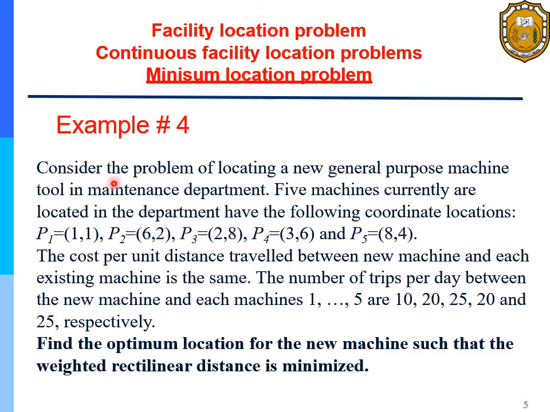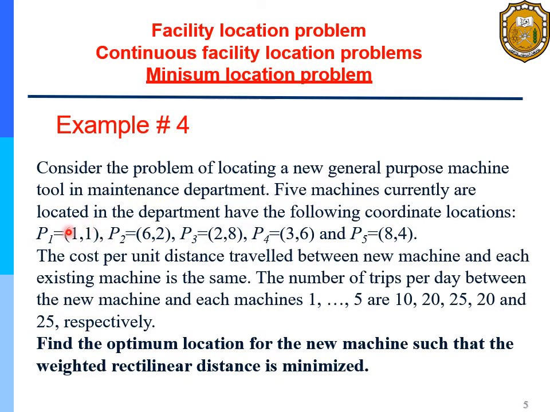So let's consider this problem. Okay, so we will be solving this problem in the continuous space. It says that we are going to locate a general purpose machine tool in maintenance department. There are currently 5 machines in the department, and the coordinates of these 5 machines are given.